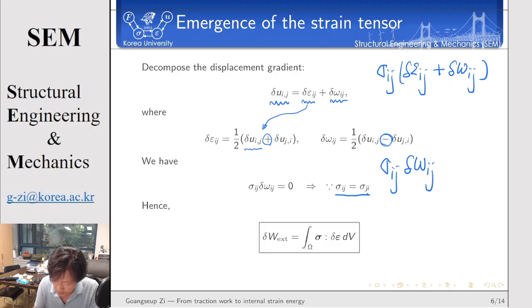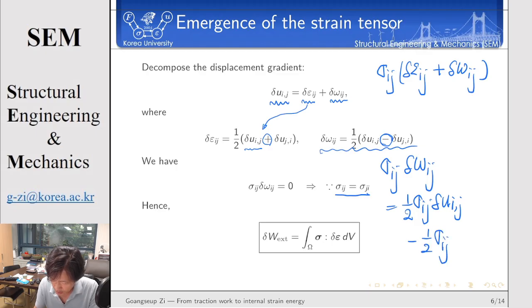From the definition of delta omega ij, this is equal to a half sigma ij delta u i comma j minus a half sigma ij delta u j comma i.